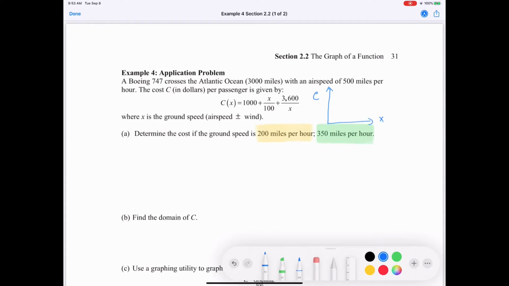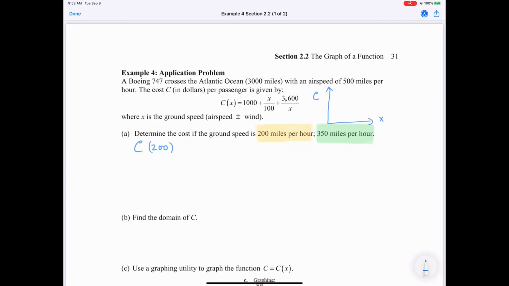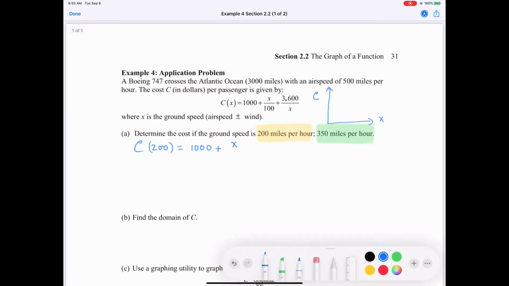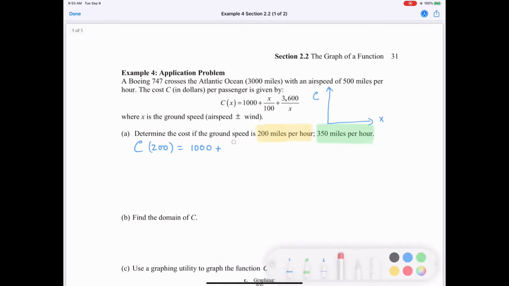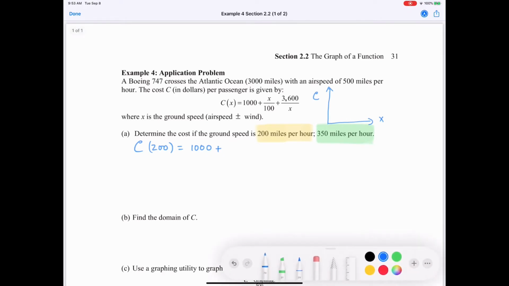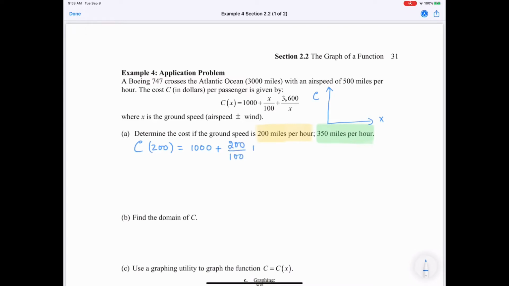To find that, I have to find the value of C of 200. I'll have to plug in the value of 200 in my x place. So this would be 200 divided by 100 plus 3600 divided by 100.